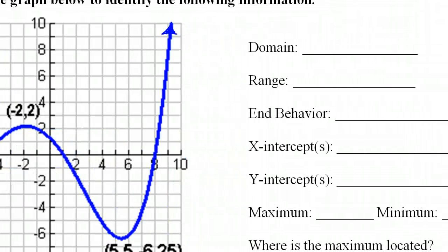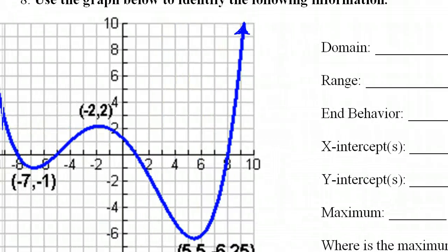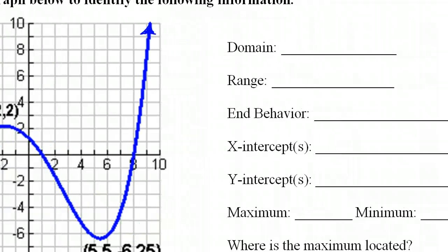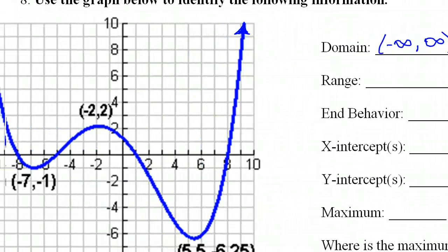Now with that in mind, the domain is the x values of a function, all the input values. So graphically, it's how far to the left and right it goes. But since this graph goes left and right forever, we will say that the domain is negative infinity to positive infinity.